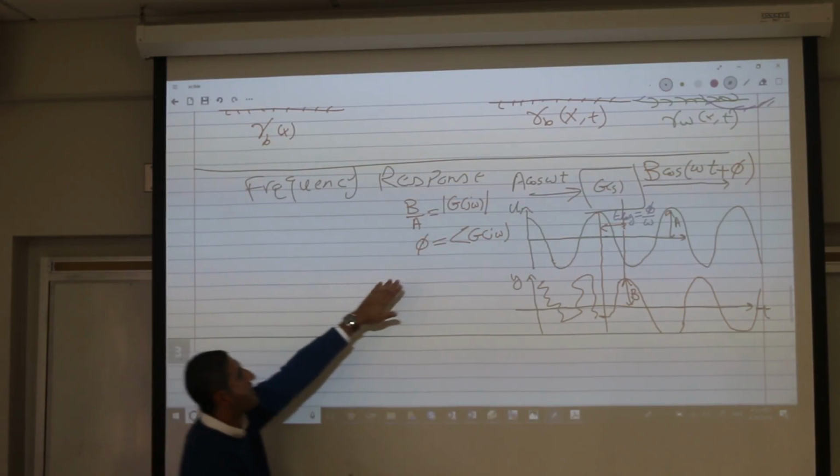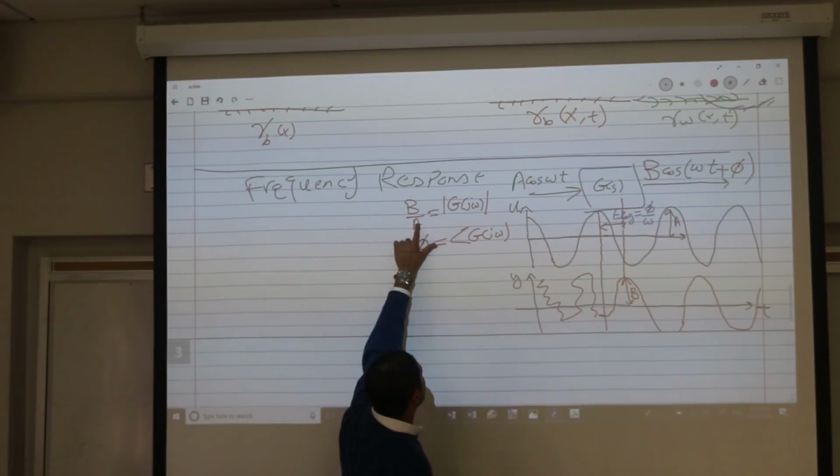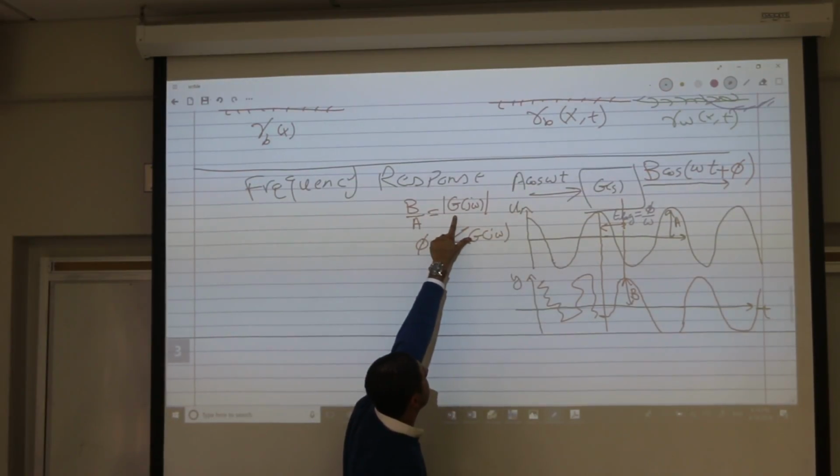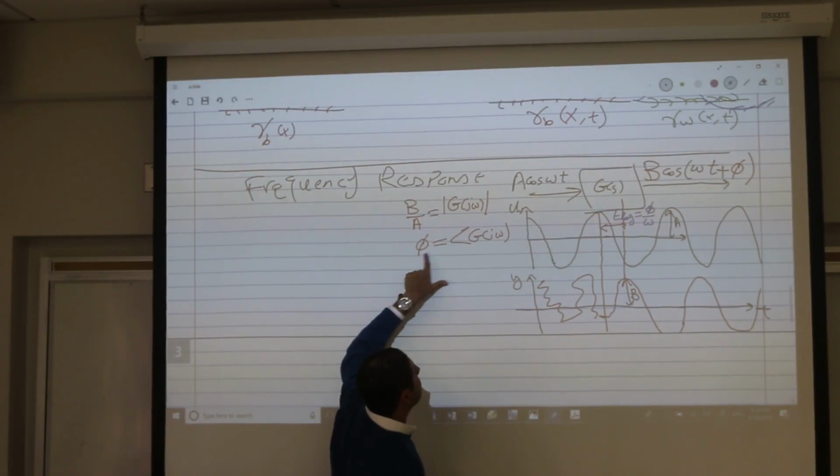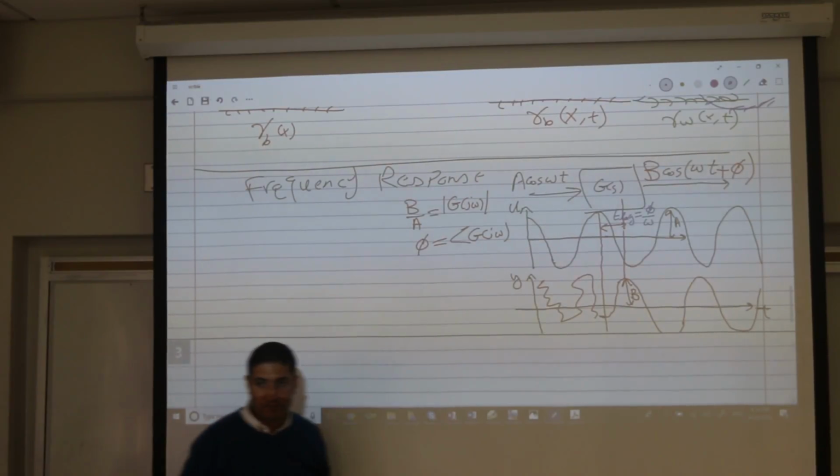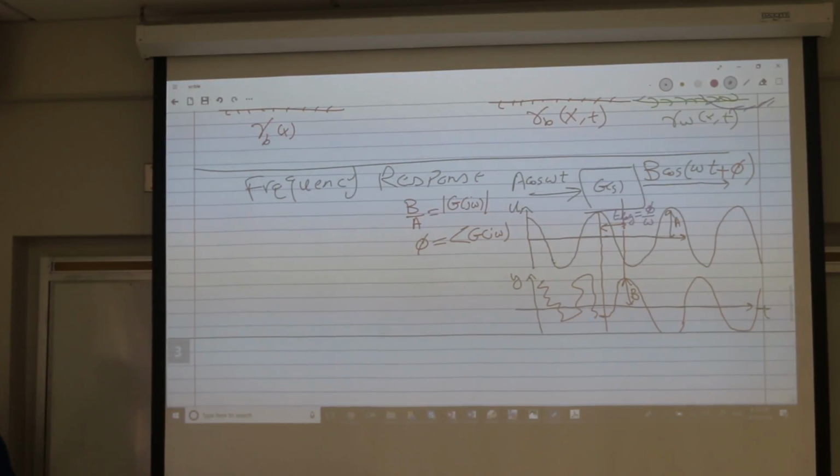So it's very clear that this amplification of the input amplitude depends on omega, and this lag depends on omega, right? It depends on how fast you move your input. And this plot of the magnitude versus omega is what we call the Bode plot.